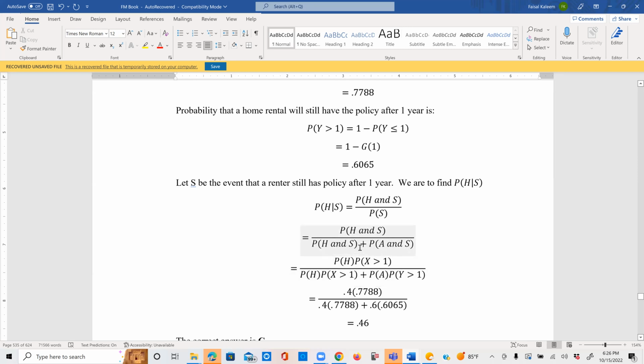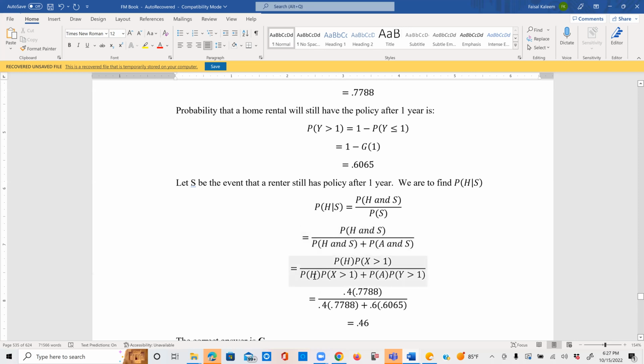And now probability of H and S would be the probability of H times probability of X greater than 1, so that you are a home renter and you still have a policy after 1 year.